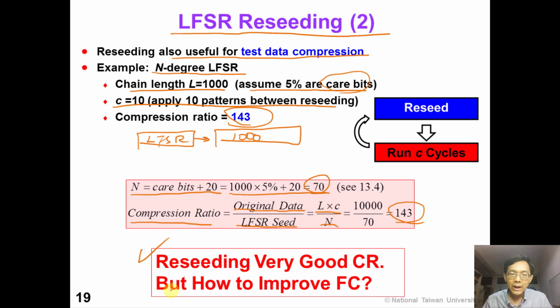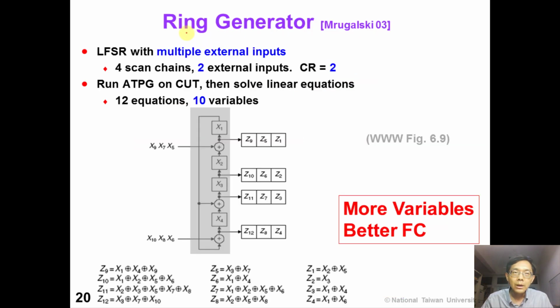But if we rely on reseeding, the fault coverage is still the same as the original LFSR. So how can we improve the fault coverage? We can use an LFSR with external inputs to improve the fault coverage, such as the ring generator. A ring generator is very similar to an LFSR, except that now we have extra multiple inputs.